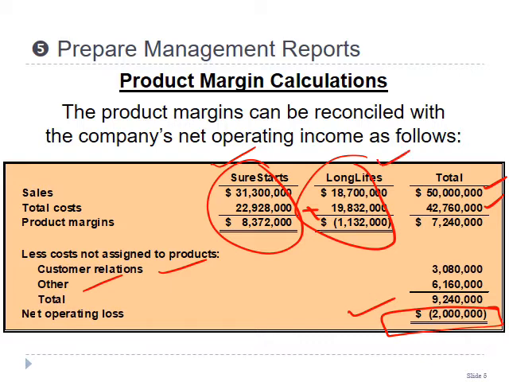Whereas Long Life is giving us a loss of 1.132 million. In that case, you can say that the people who are making Sure Start are contributing to the profit side, while Long Life is contributing to the loss side, right?